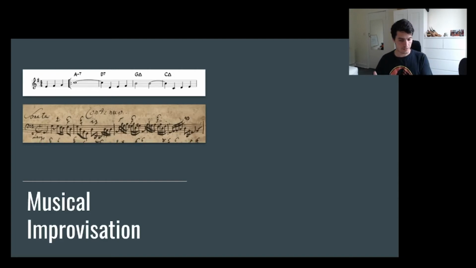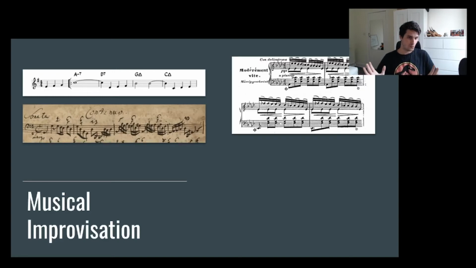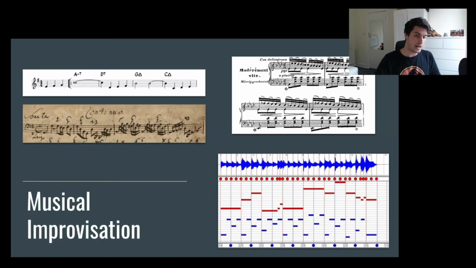Now, on the other end of the spectrum, we have a full score with gestures, dynamics, all kinds of notations and indications of what to do. And even perhaps more detailed would be a MIDI file containing all the waveforms and the spectra of all the sounds with all the exact timings and everything. So these are two ends of the spectrum.